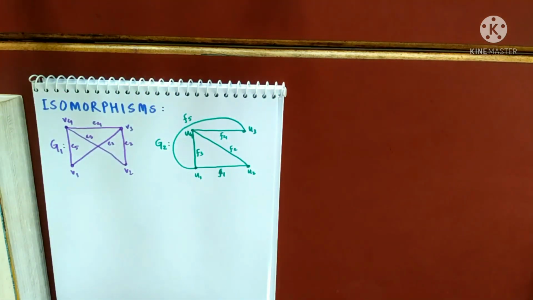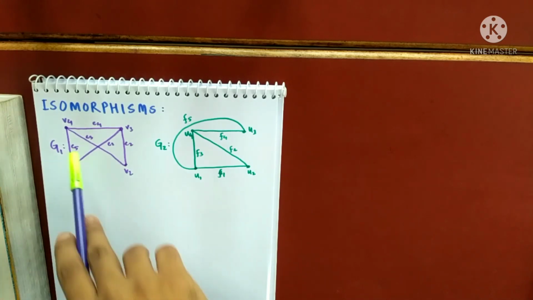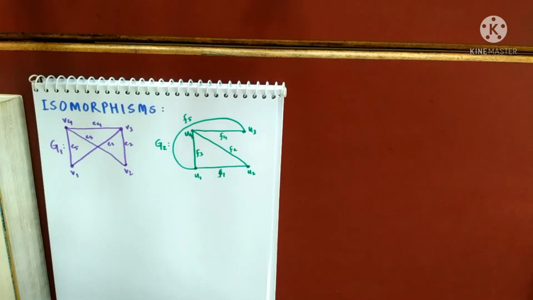So my point is this: when the number of vertices is different in two graphs, they cannot be isomorphic. That is very obvious, because the necessary conditions to be isomorphic are that they should have the same number of vertices and the same number of edges. But that will also not guarantee that the two graphs are isomorphic. We'll see some examples later on.